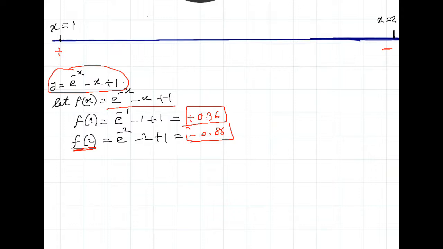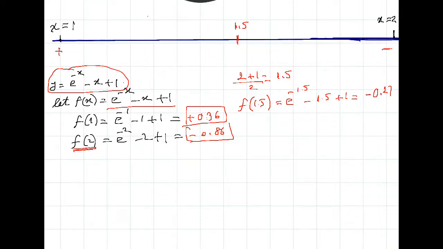What we do now, we take a middle value. In this case it's going to be 2 plus 1 divided by 2, and that's going to be 1.5. Remember, this is the value of x. So x equal to 1.5. And we do the same. We find f of 1.5. So we work it out, and we'll find this is a negative value, negative 0.27.